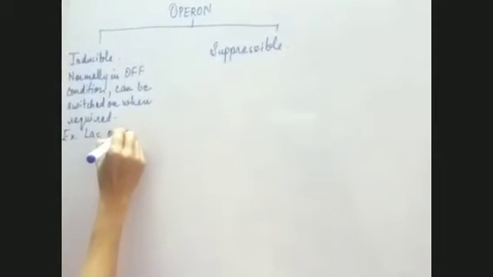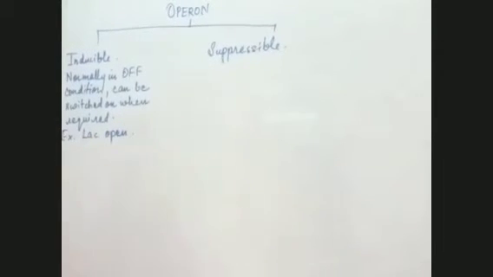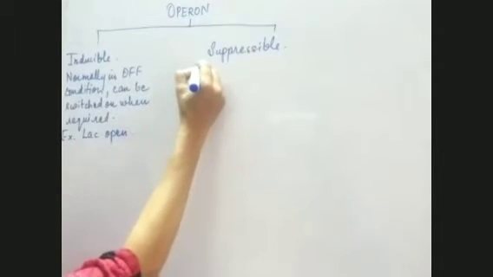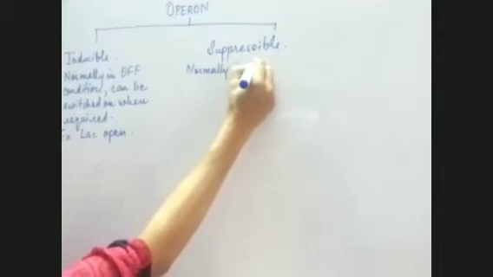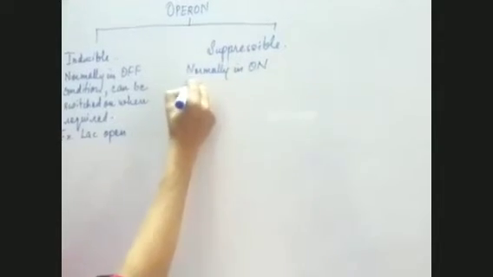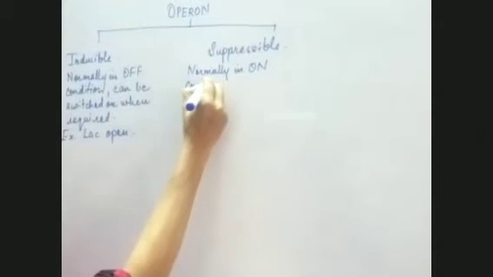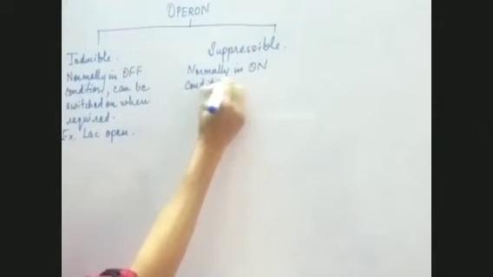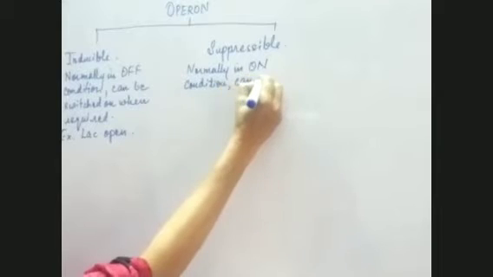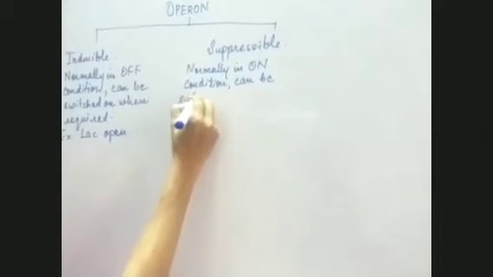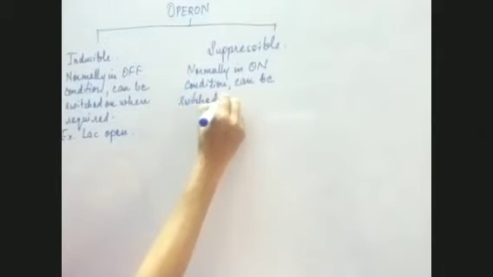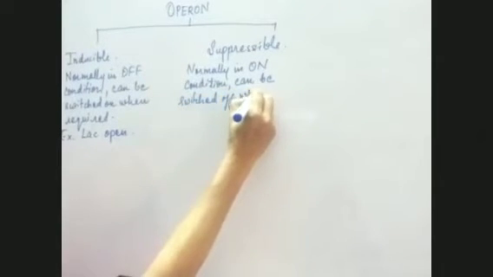The second type of operon, the suppressible operon, is normally in on condition, and it can be switched off when required.